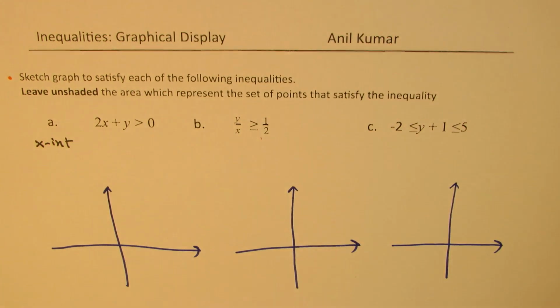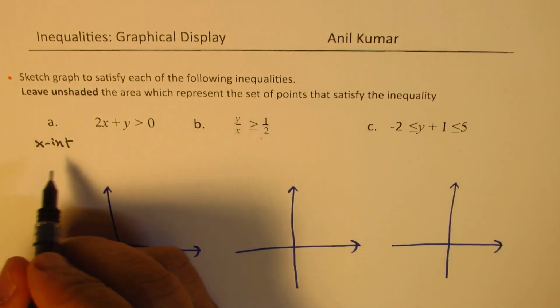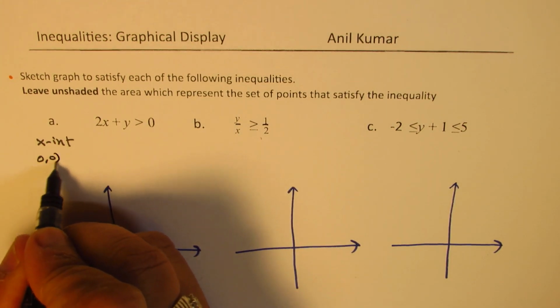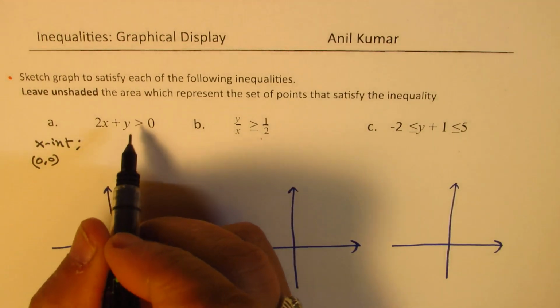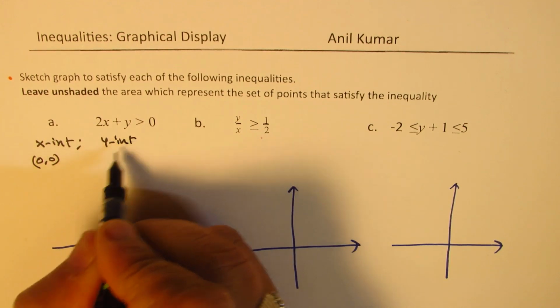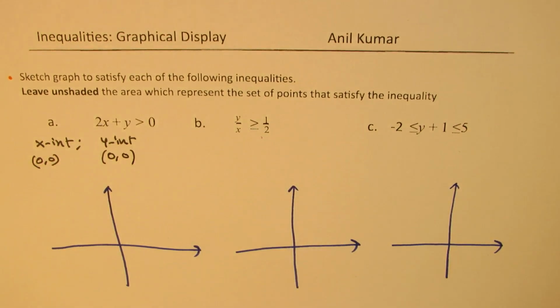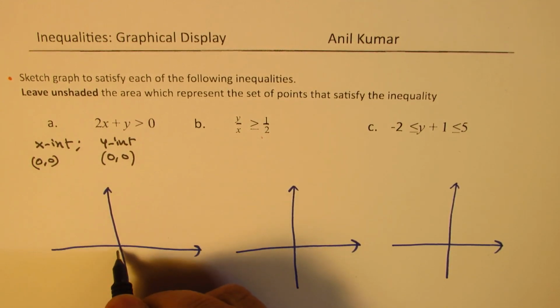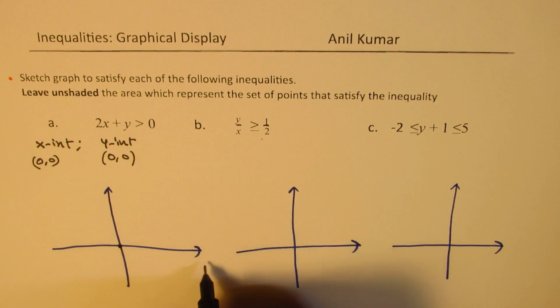So the x-intercept is 0 itself. And if I substitute y equals 0, I again get 0. So that doesn't really help. You get the idea. So the x and y intercepts do not always help, especially if the line is going through the origin. You get the idea, right? We need some other point also. We're sure that the line passes through the origin.